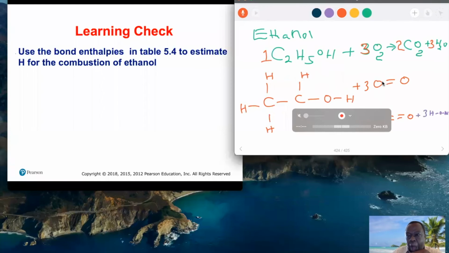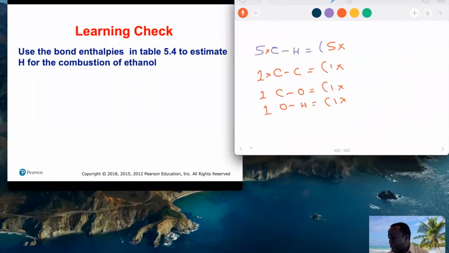And then for oxygen-oxygen, there is a double bond. How will we end up with this? I expect you to know that the oxygen molecule has a double bond, because each one of them has 2 unpaired electrons, so they pair up. So we will also have 3 times the oxygen double bond.